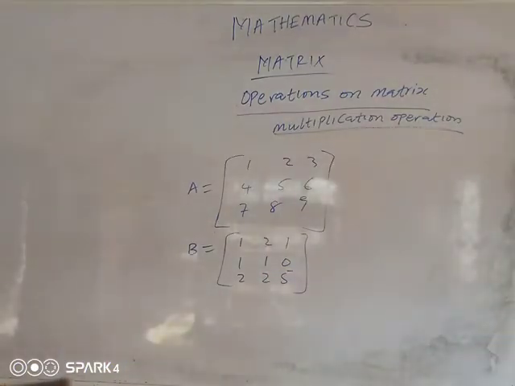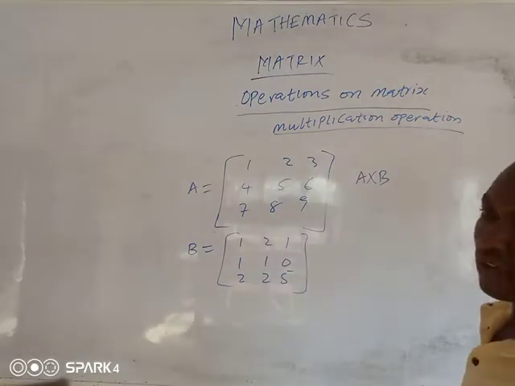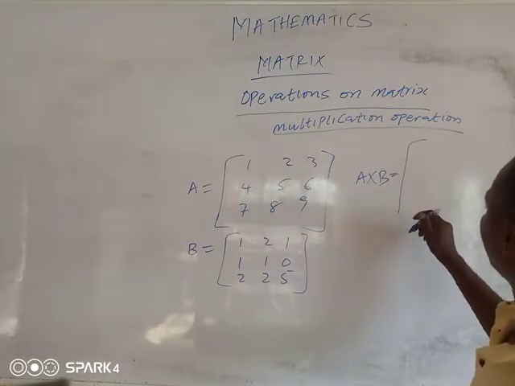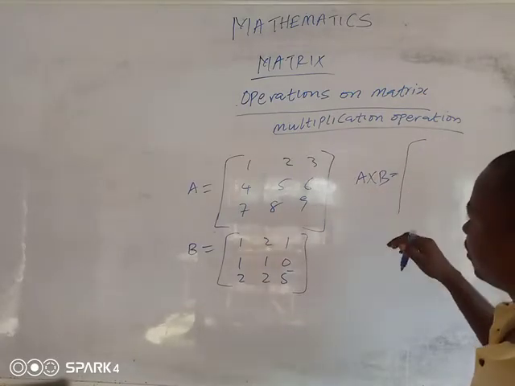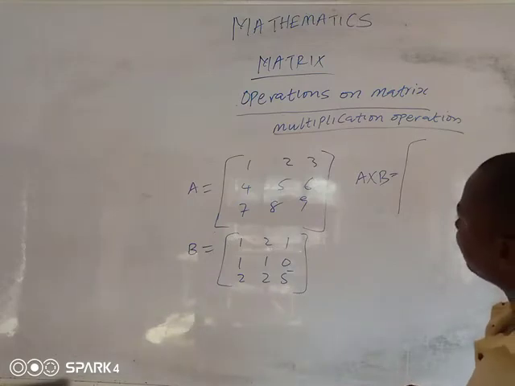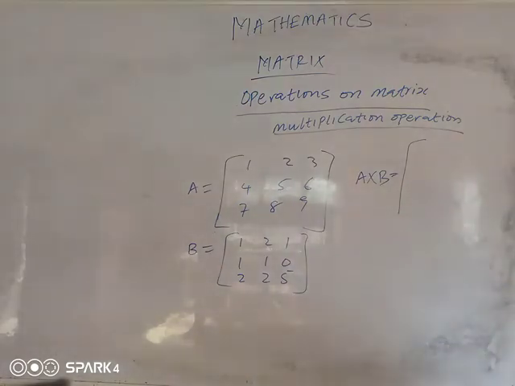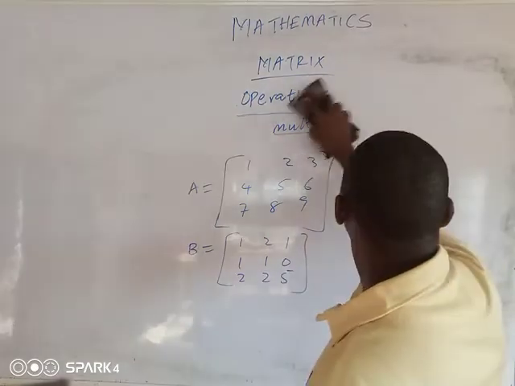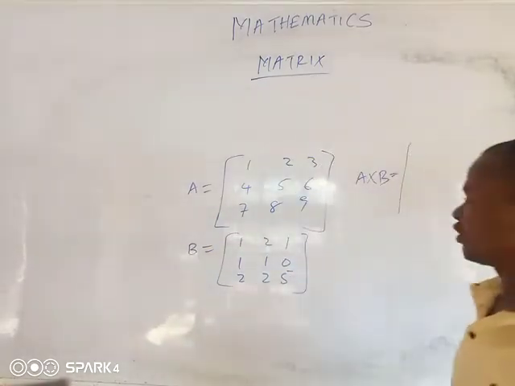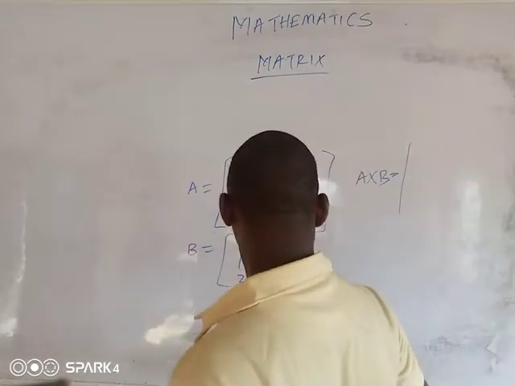So that means I have A cross B. Okay? So just follow me. Let me rub off the upper part so that there will be enough space to handle it. Don't forget that we are going to be using a row here to multiply each of the columns.